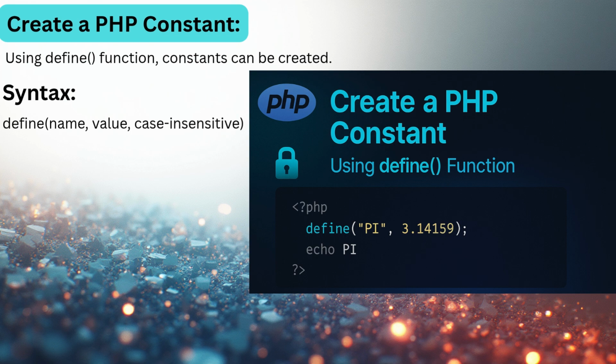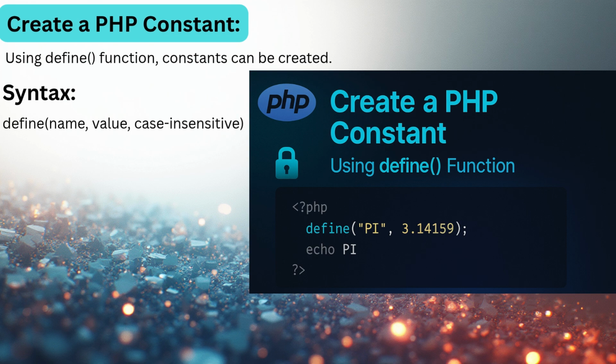For example, if (true) { define('AUTHOR', 'Huzaifa Rashid'); } echo AUTHOR. This will work perfectly fine because define is evaluated at runtime. But if you try the same thing using const, like this, if (true) { const AUTHOR = 'Huzaifa Rashid'; }, it will throw an error, because constants defined with const cannot be placed inside conditions.